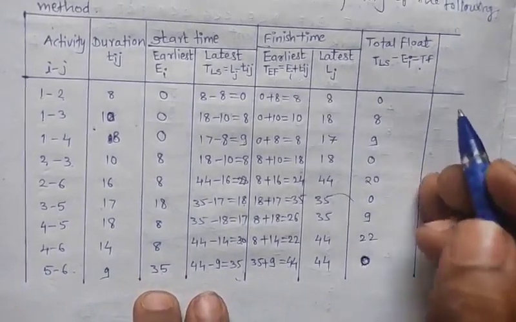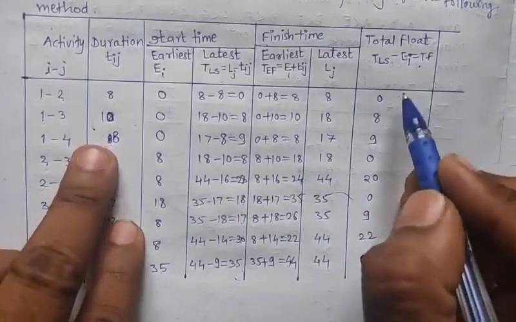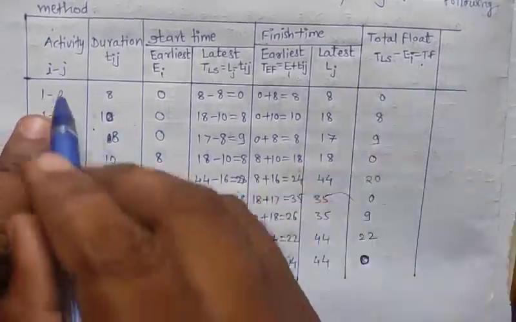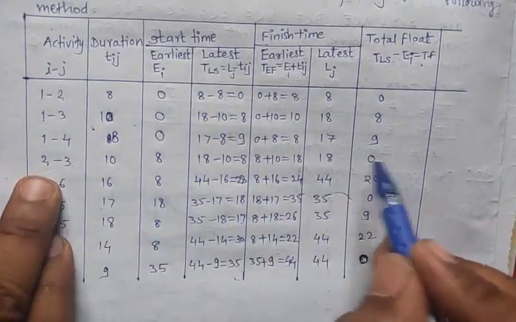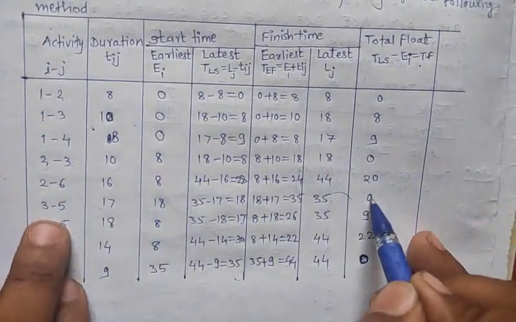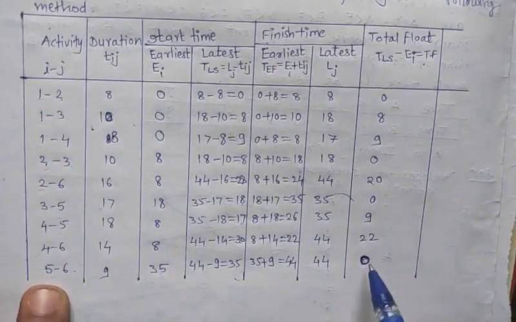So we get this total float. Now here total float value in activity 1 2 is 0. In activity 2 3 is 0. In activity 3 5 is 0, and last in activity 5 6 is 0.